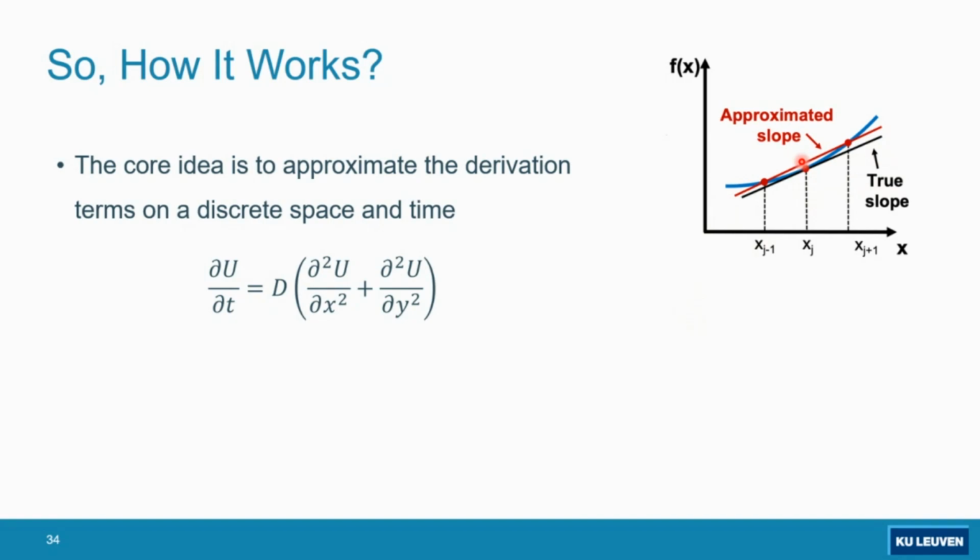But then you see that if you go a bit forward and a bit backward and evaluate the function there and connect them, the slope of this red line is an approximation to that black line, isn't it?